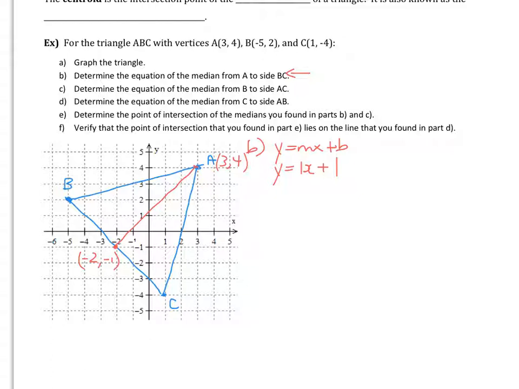Okay, let's look at part C here, where we're asked for the equation of the median from B to side AC. So I want to go from point B and hit the midpoint of side AC. Now again, I can look at the graph and tell that my midpoint is going to be at (2, 0), or I could use my midpoint formula and come up with the midpoint for that particular line segment, that side of the triangle.